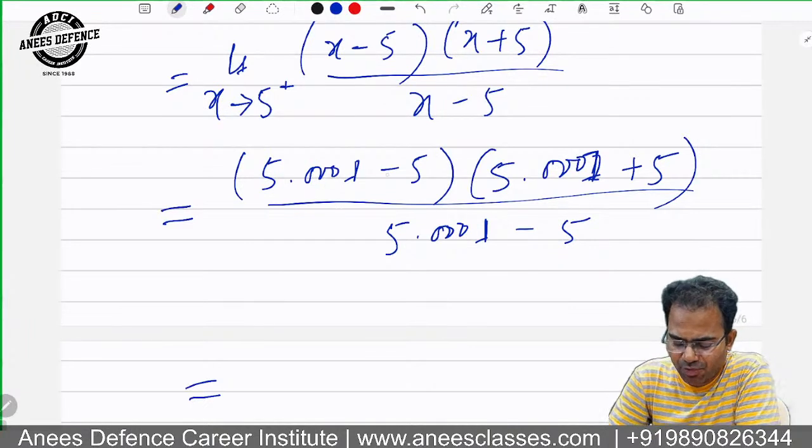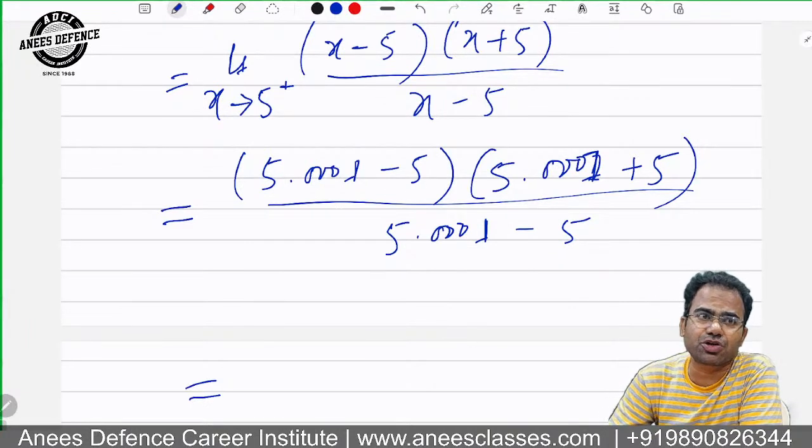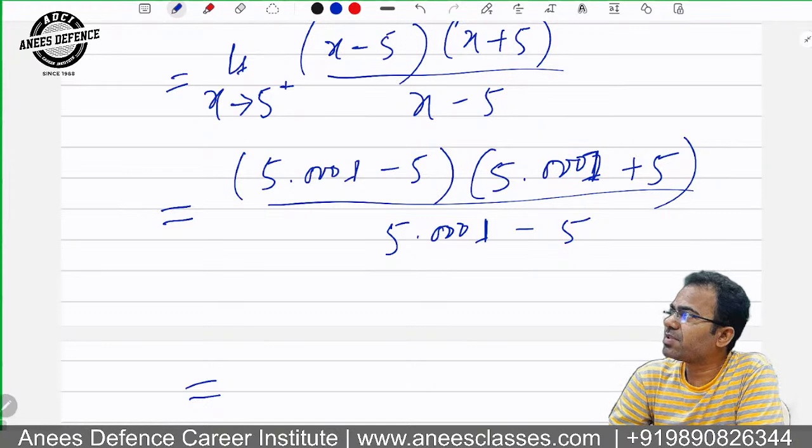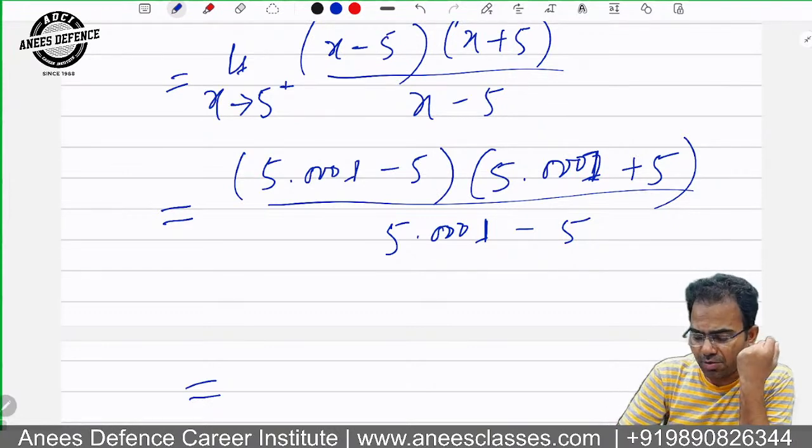So 5 point something minus 5 is non-zero, a very minute positive.